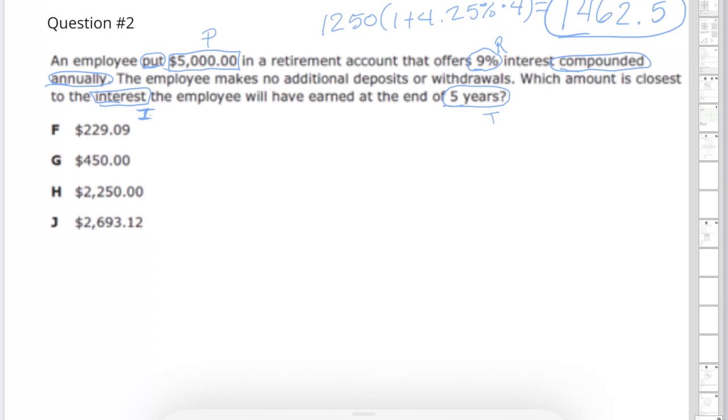All right, so my next step is to write out my T pairs. And I've labeled it already in my question, so it should be really easy to fill this out. So T is going to be 5 years. My P is 5,000.